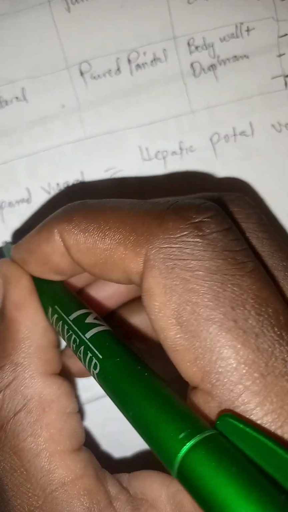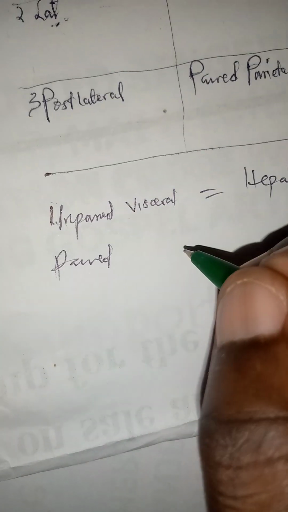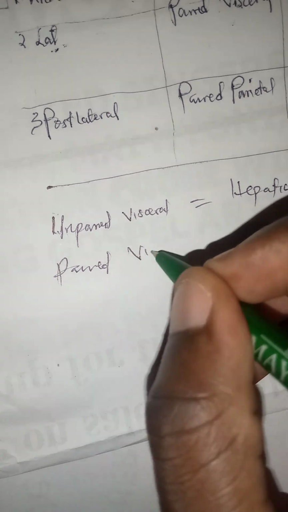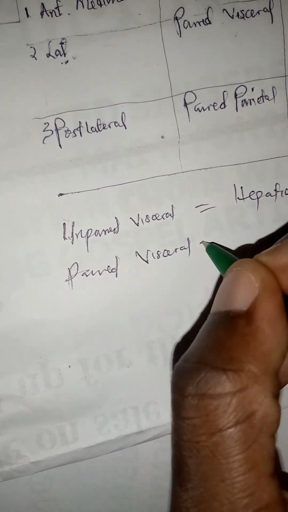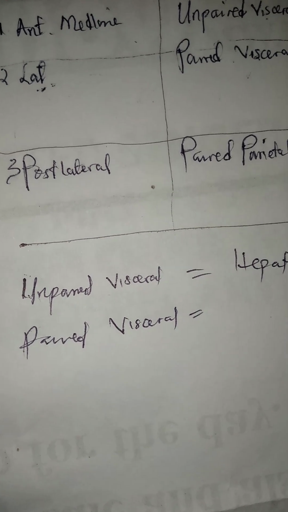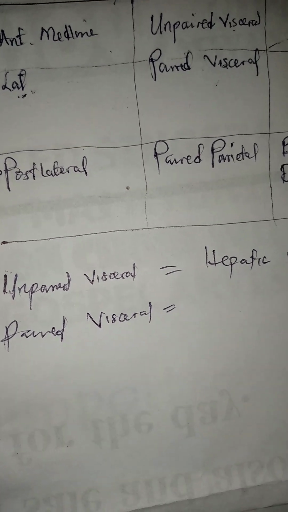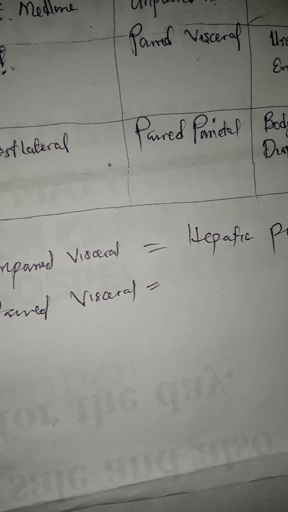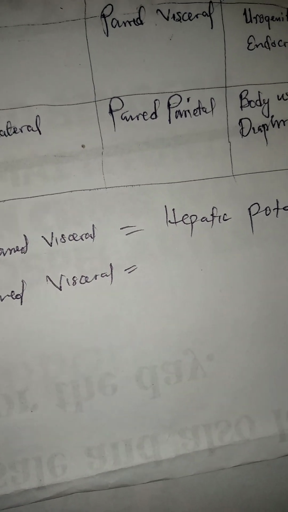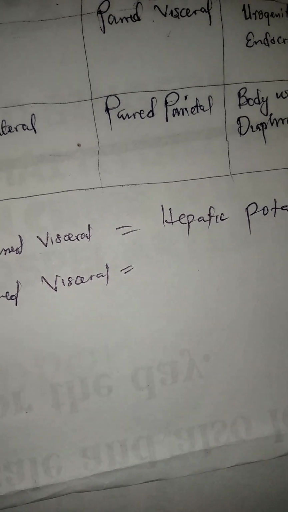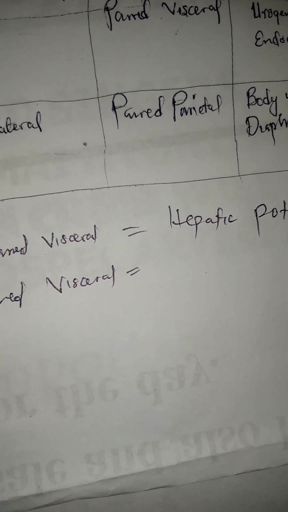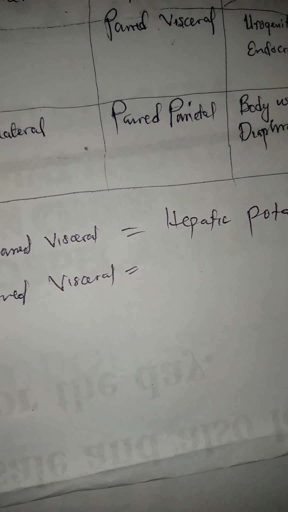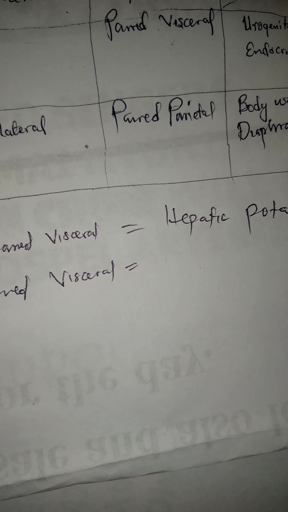Okay, then you have the next one, which is paired visceral. So this one is also equivalent to the renal vein, the right suprarenal vein and the right gonadal vein.